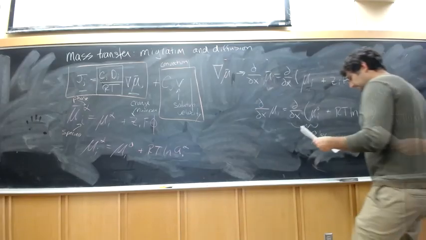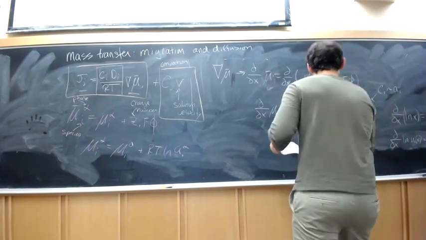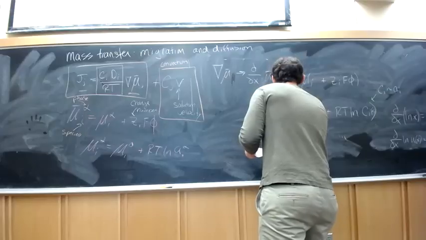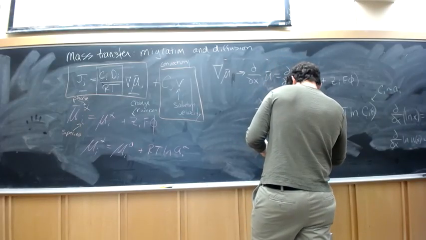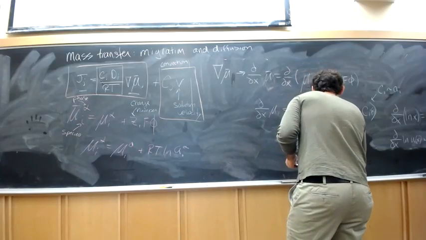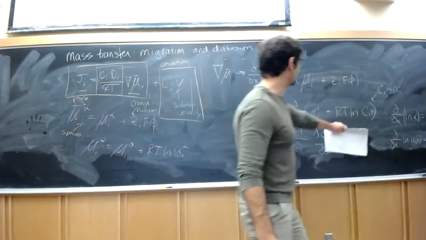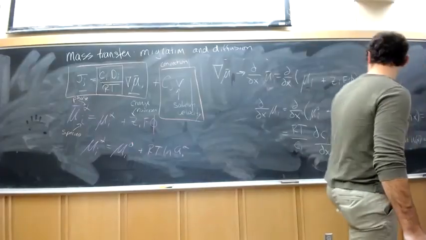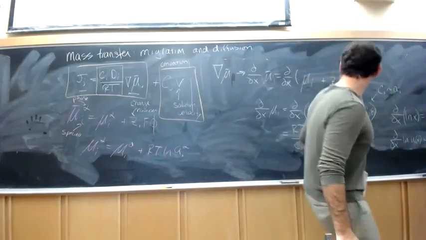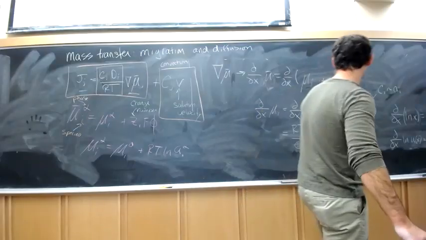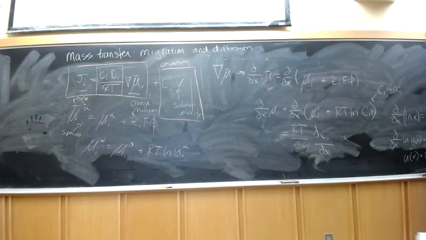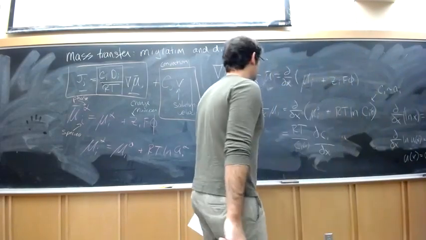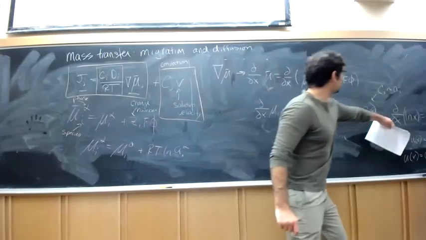And what we get is that this term goes very nicely to RT over C_i dC_i/dx. So I just used this expression: 1 over u, where in this case u of x equals c of species i. And then 1 over c is the derivative of the log.